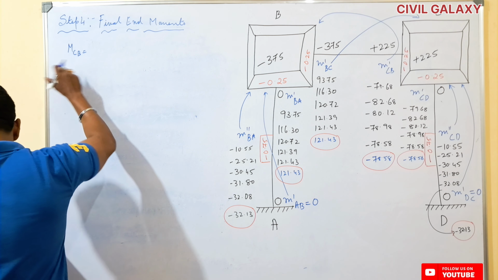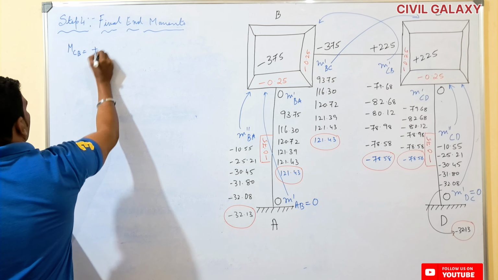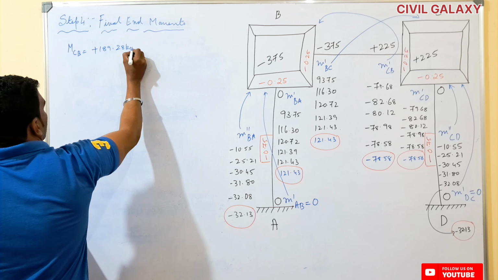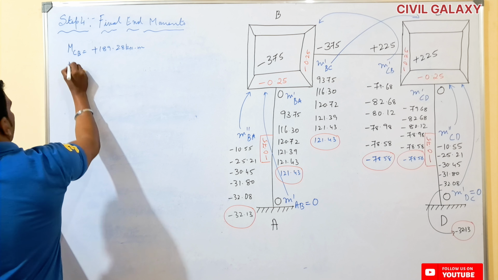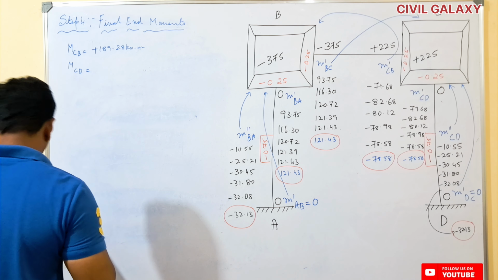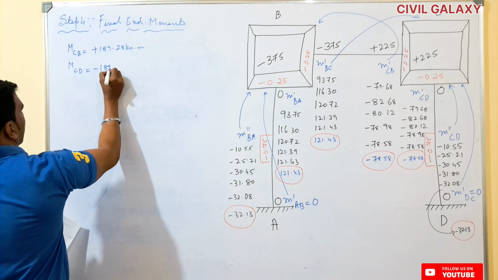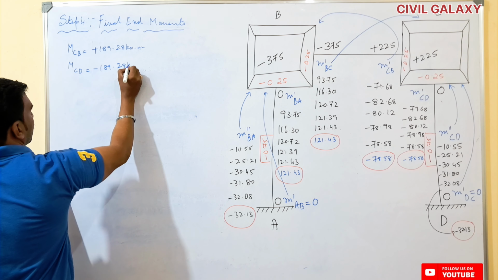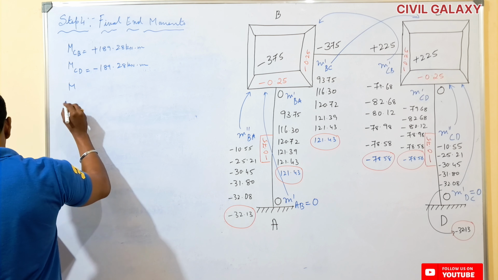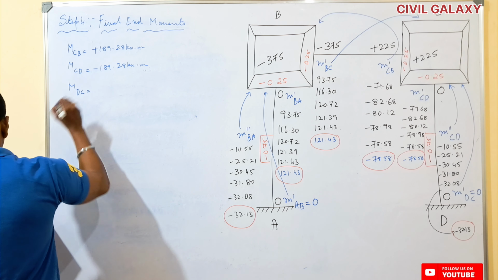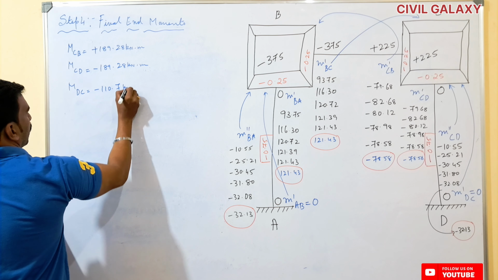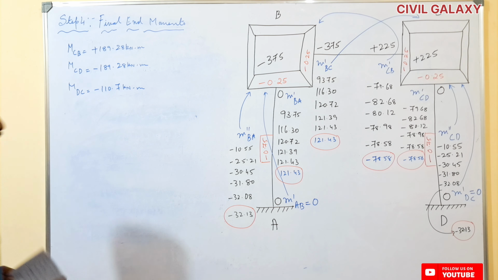So the final end moment from C to B, we have got a value of plus 189.28 kilonewton meters, and the final end moment from C to D, we have got a value of minus 189.28 kilonewton meters. Similarly, moment about D to C, we have got a value of minus 110.7 kilonewton meters. So these are the values we have got.